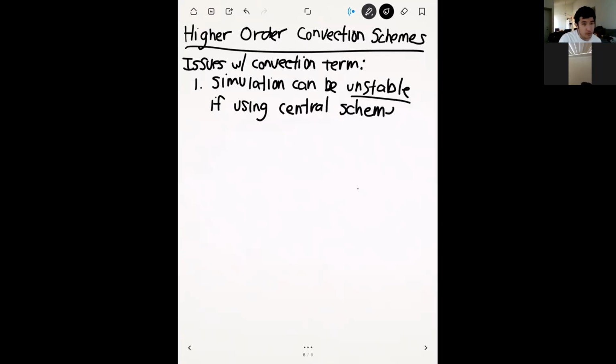Okay. So we've already looked at different ways that we can fix this. We looked at two different ways. The first way was to check the Peclet number. If you can refine your mesh enough, or make delta x small enough such that the Peclet number is less than 2, that's one way to make your simulation stable. The other way to make it unconditionally stable is to use an upwinding scheme.